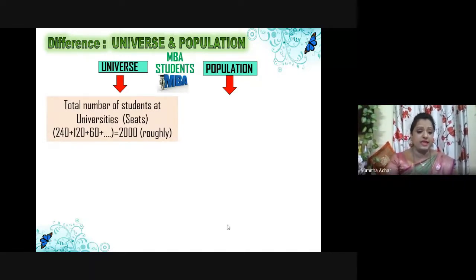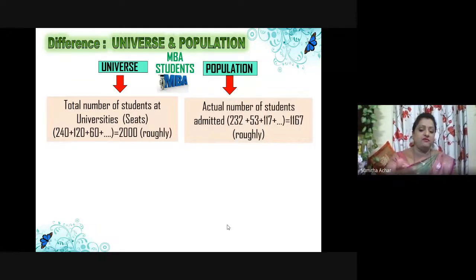If our college intake is 240, can we say we always get 240 students completely? No, right? For example, in a particular year we get admissions of 232 students, or out of 60 seats there are only 53 students. Out of 120, there are 117. And roughly, if you assume that 2000 seats are allotted for the MBA, there are only 1167 students studying in Mangalore.